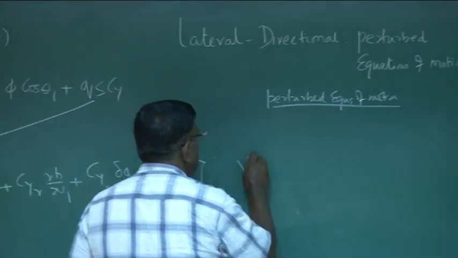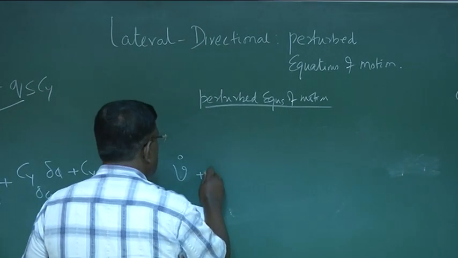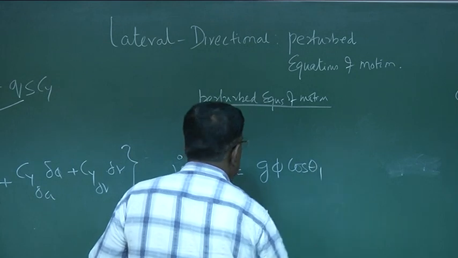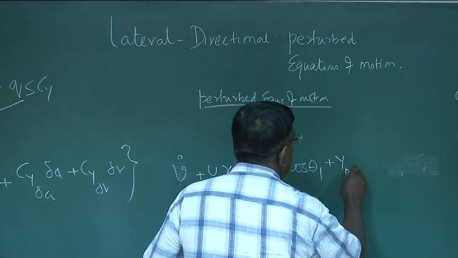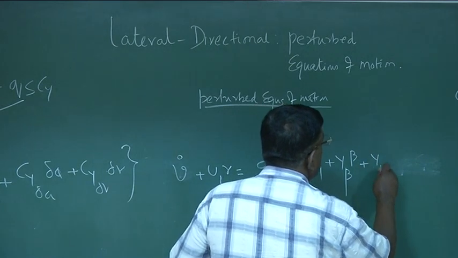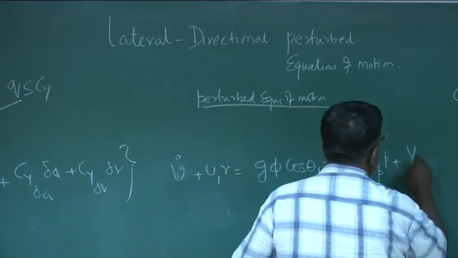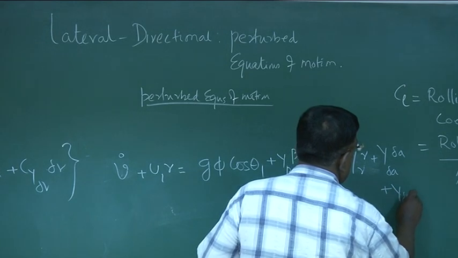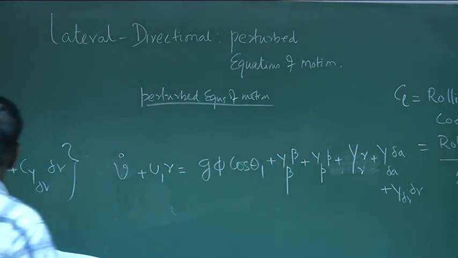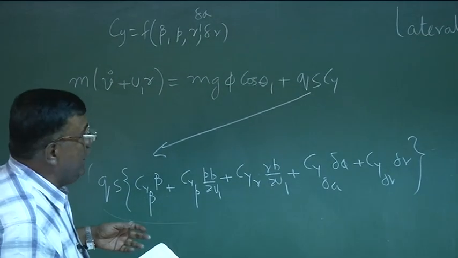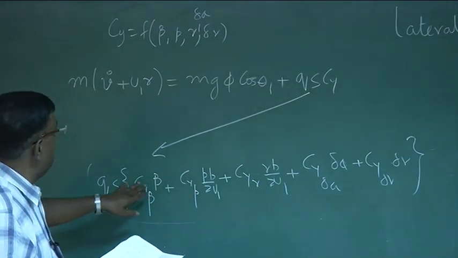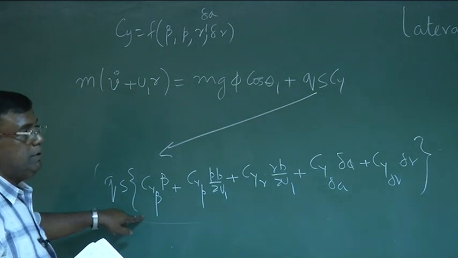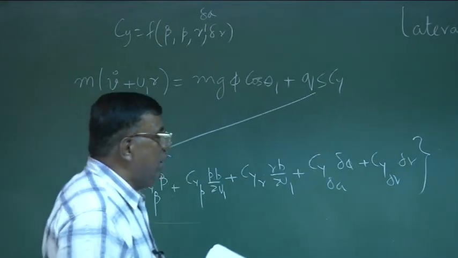V dot plus u1 r equals g phi cos theta 1 plus y beta into beta plus y p into p plus y r into r plus y delta A into delta A plus y delta R into delta R. And it goes without saying, y beta will be Qs Cy beta divided by m. That's all, which we have done similarly for the longitudinal case also.